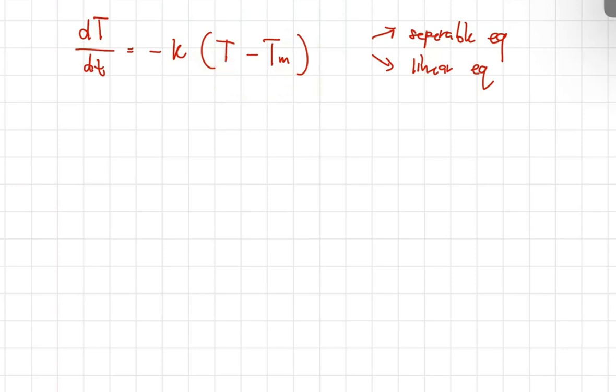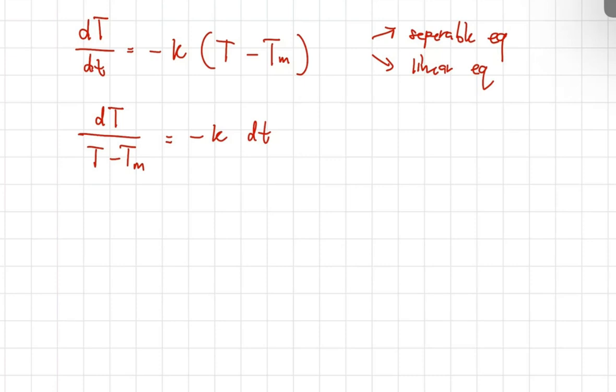So I can separate this as dT over (T minus Tm) equals minus k dt. Because k is a constant, you can either leave it here or bring k here. No problem, both can be solved using the separable equation, but this way is easier.